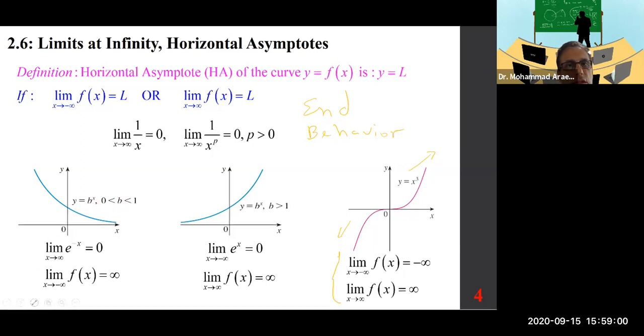And in both cases, this one and this one, we have the horizontal asymptote, which is the x-axis, or y equals 0. This comes from this definition. So the definition of the horizontal asymptote, we have seen it in pre-calculus, nothing brand new. Class, I want to make sure that we are comfortable with that.